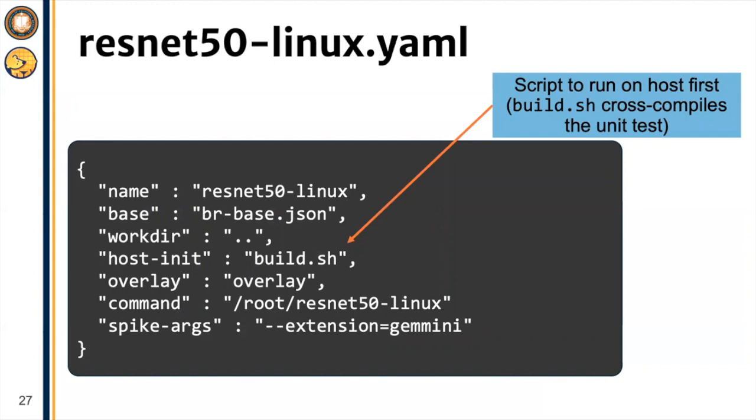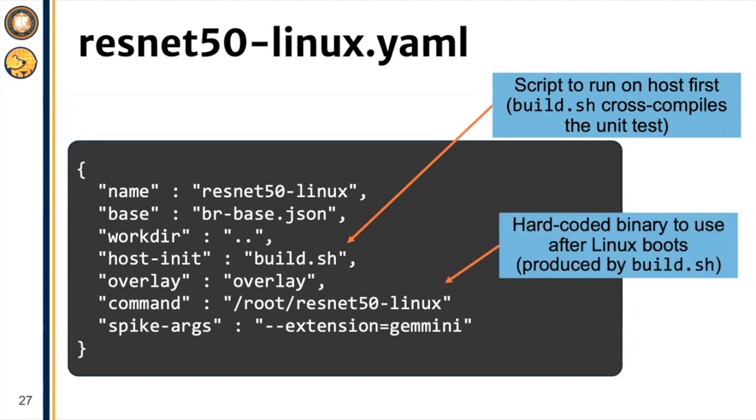So I'm running a particular compiler that's made for RISC-V Linux. That's what this host-init is doing. You also specify the command that I'm going to run when I boot into Linux. When you boot into Linux, you're not going to get a prompt, a console where you can type the command. Basically, this will automatically inject that command for you when it boots. It's just going to run that command directly, so it's going to run root ResNet 50 Linux.